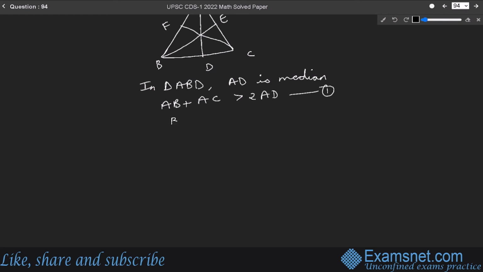Similarly, we can get BC plus AC is greater than 2CF. Let this be equation number 2. And BC plus AB will also be greater than 2BE. Let this be equation number 3. See, this is the main concept here, that the sum of two sides of a triangle is greater than twice the median which is bisecting the third side.